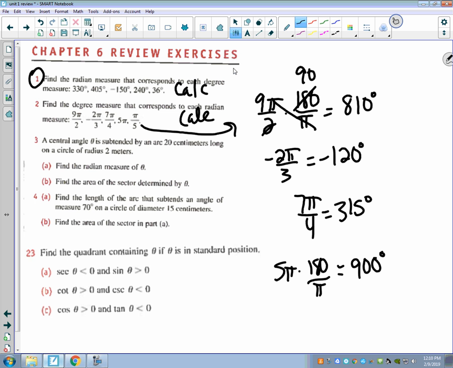And pi over 5, hey, we just did that one. I think it's 36 degrees, but I'll show you. If you take 180 over 5, you get 36 degrees. Okay?